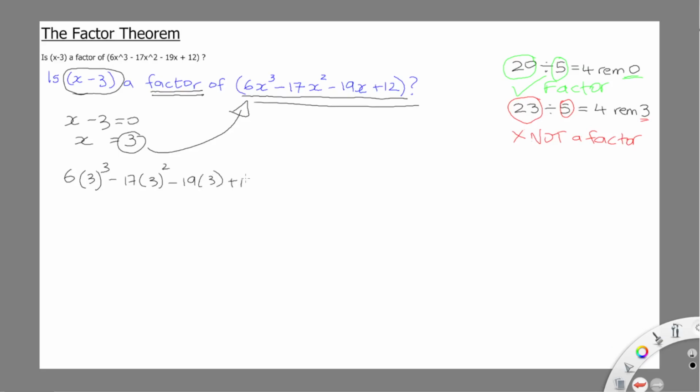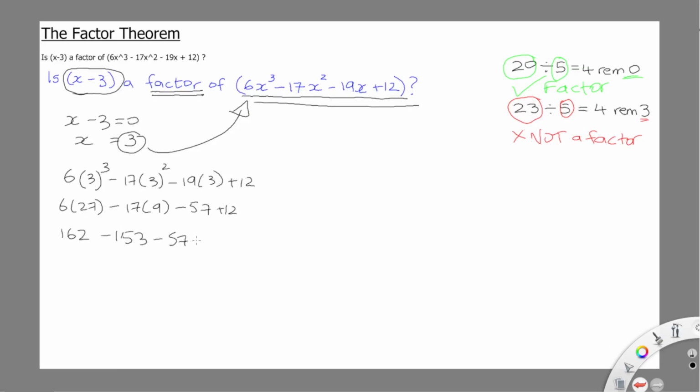And then you plug this all into your calculator. 3 to the power of 3 is 27. 3 squared is 9. 19 times 3 is 57. 12. 6 times 27 is 162. 17 times 9 is 153.